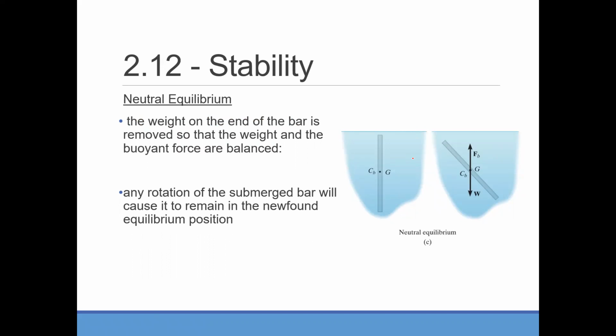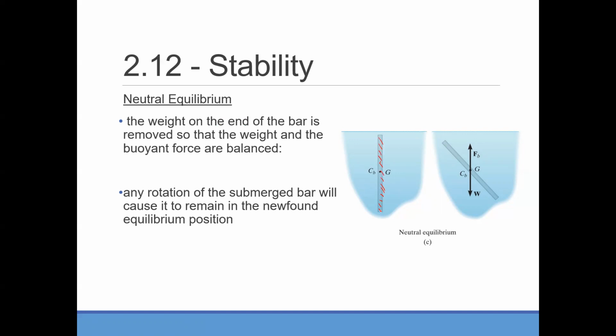The best one is the neutral equilibrium. The weight on the end of the bar is removed, so the weight and the buoyant force are balanced here. Any rotation of the submerged bar will cause it to remain in the newfound equilibrium position.